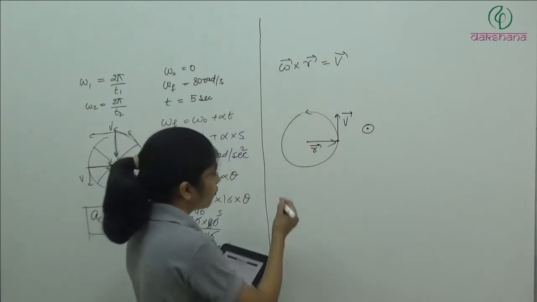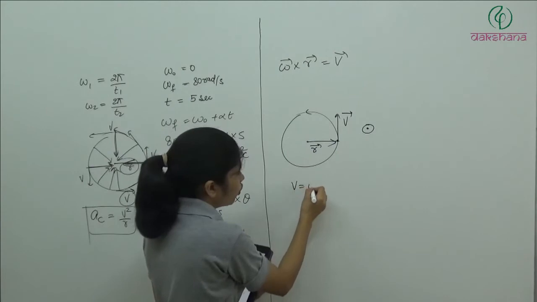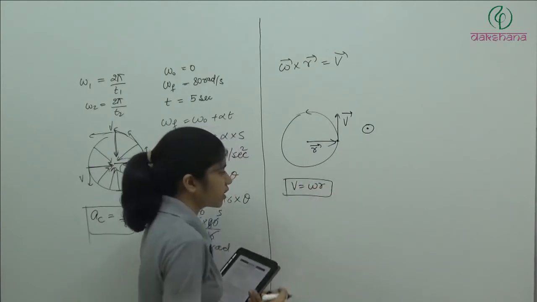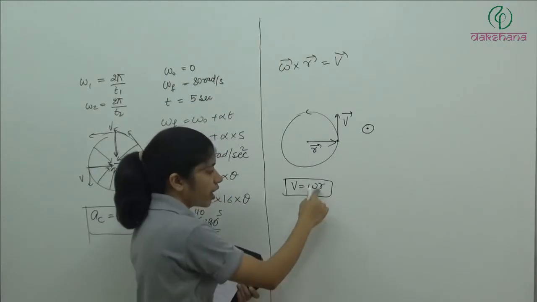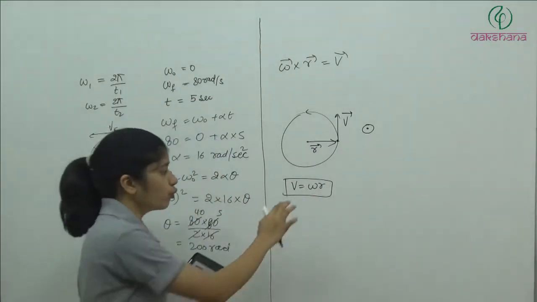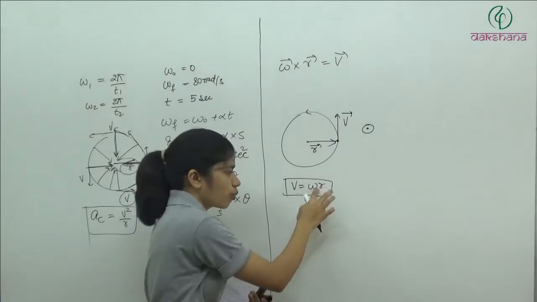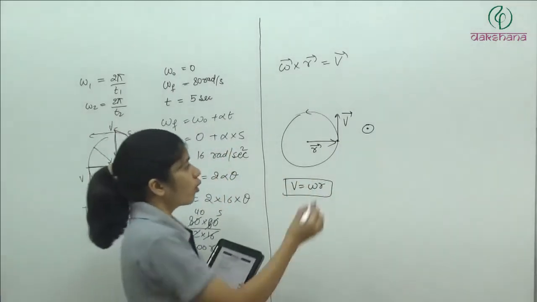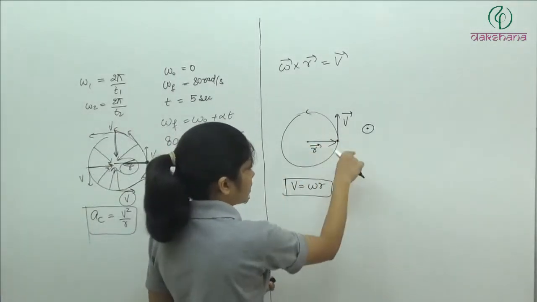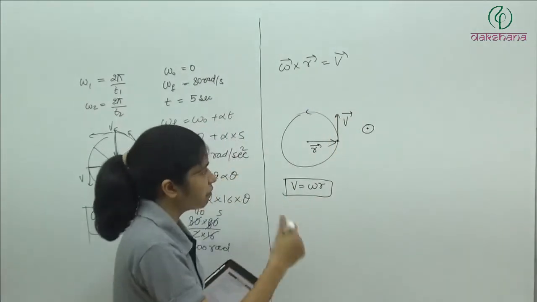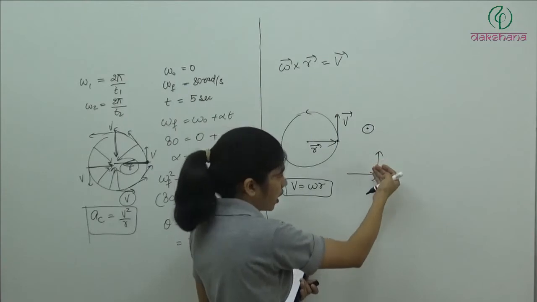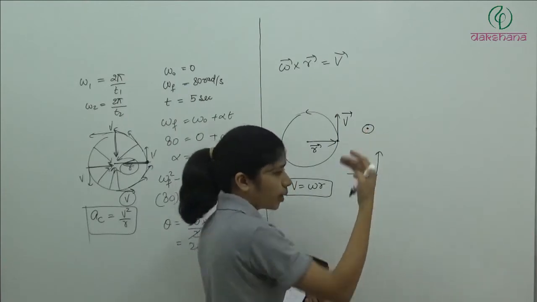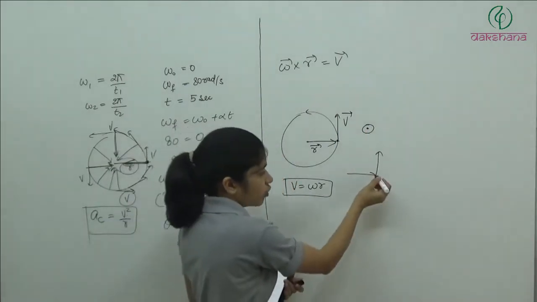So now what we knew, that V is equal to omega R. When we are just taking the magnitudes, V is equal to omega R. So here we have product of two variables, omega and R. Now omega is in this direction, R is in this direction, V is in this direction. If we see, V and R are perpendicular, V and omega are perpendicular, R and omega are perpendicular, because it is out of the plane.